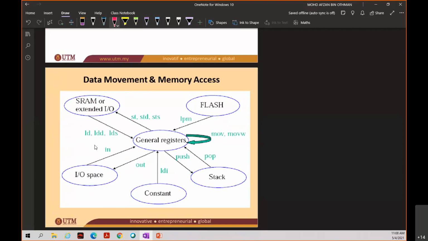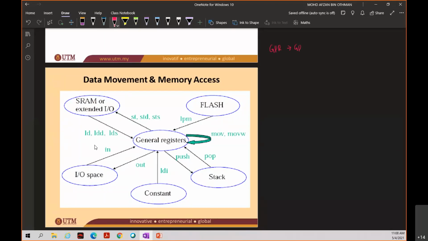Now you're going to see how to move the data from the flash to the general purpose register, or from the general purpose register to stack, or from general purpose register to IO space. Let's look at the first one, from general purpose register to general purpose register, which is from GPR to GPR.